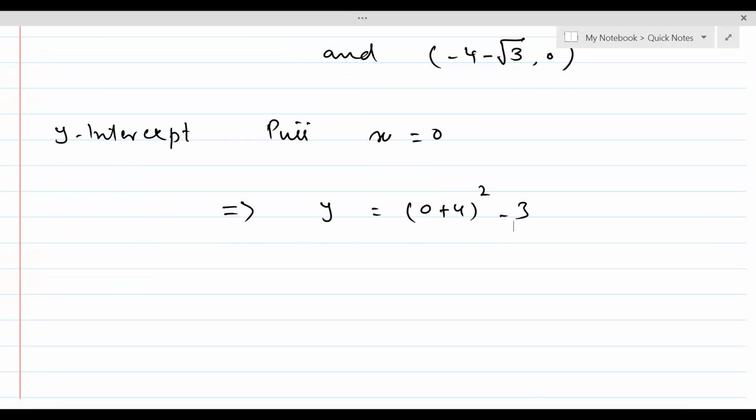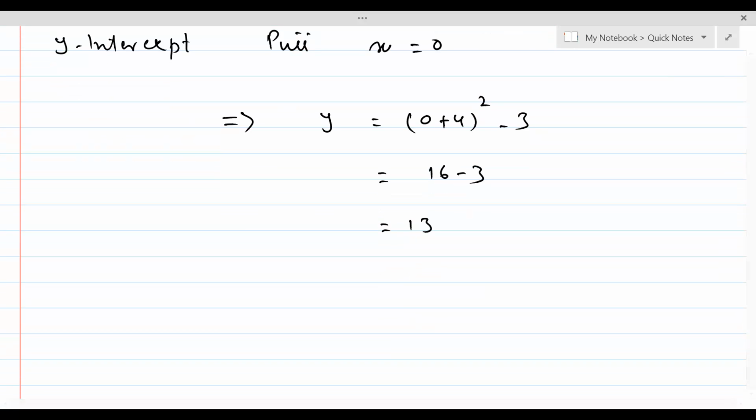So this will be 16 minus 3, which is 13. So (0, 13) is the y-intercept.